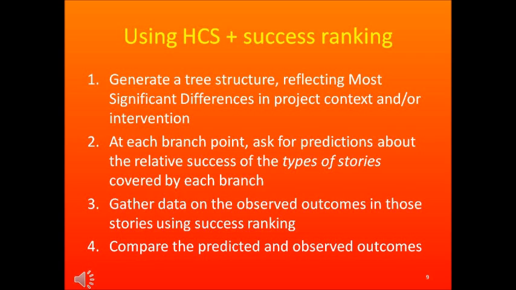The first is to generate a tree structure which reflects participants' views of the most significant differences in the project context or interventions that are described in the set of stories that are being looked at. Then the next step, once the tree structure is developed, is to ask at each branch point in the tree for predictions about the relative success of the types of stories that are covered by each branch. You'll see an example of the tree structure that I'm talking about in the next slide.